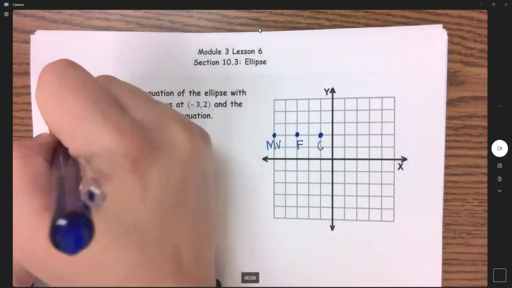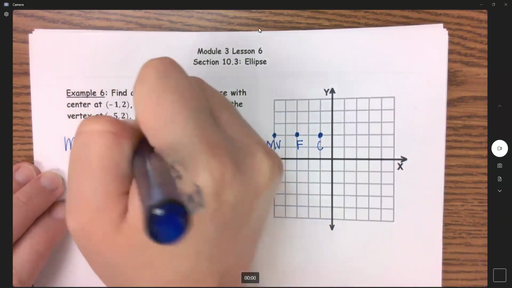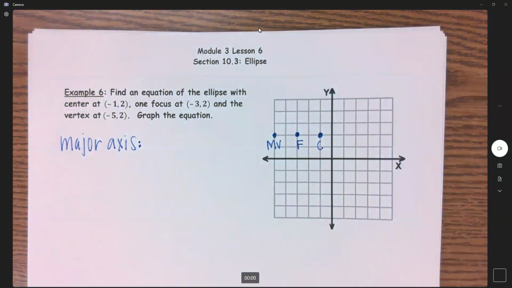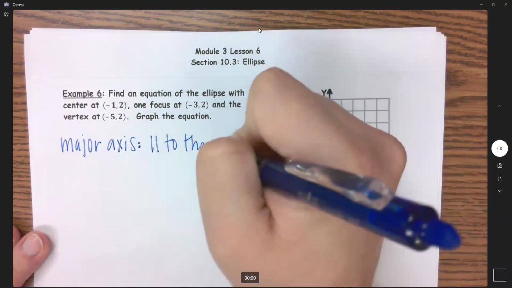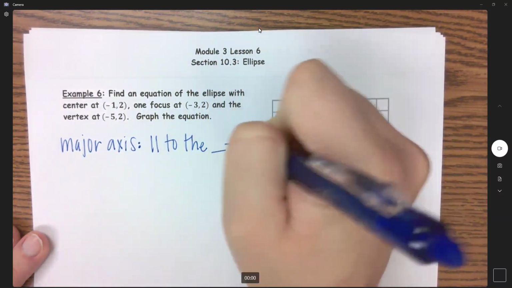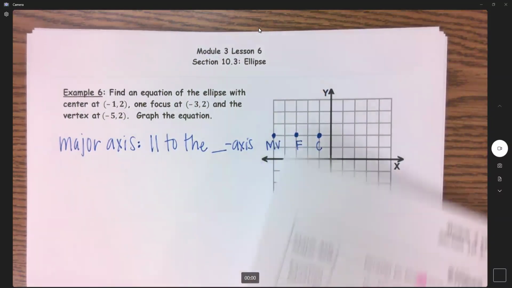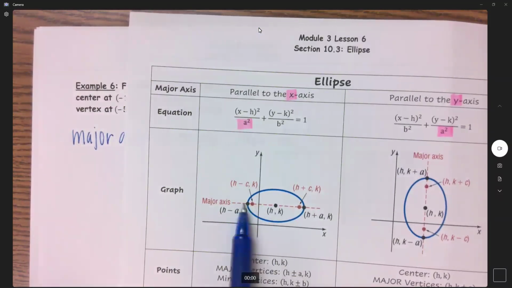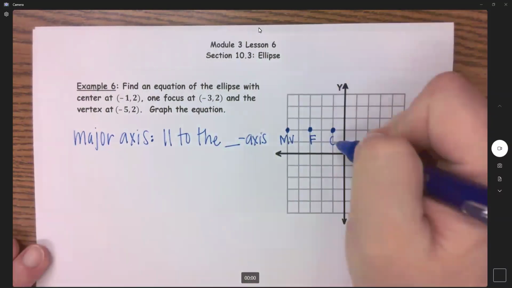Okay, so let's start by identifying that major axis. And here that major axis is parallel to the x-axis, because they're all in a line horizontally, parallel to that x-axis, it is parallel to x.